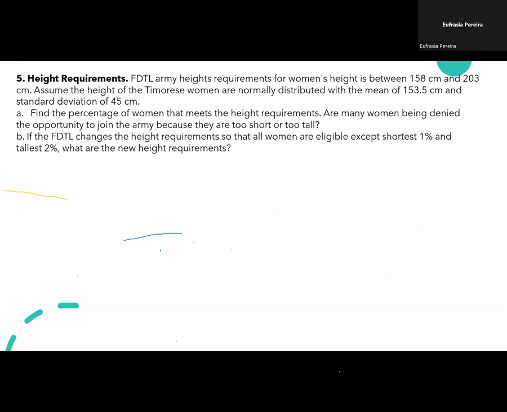Yeah. Okay, go ahead. The height requirement is between 158 centimeters and 203 centimeters. Yes, correct.